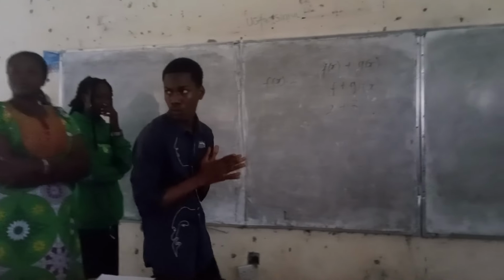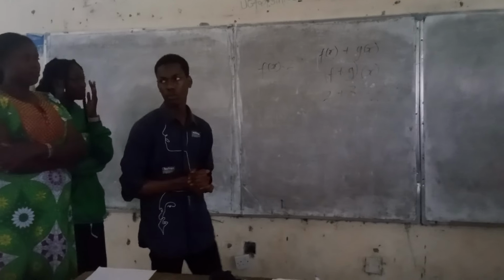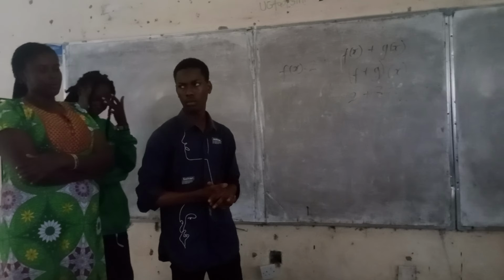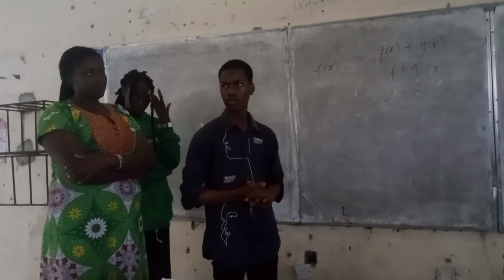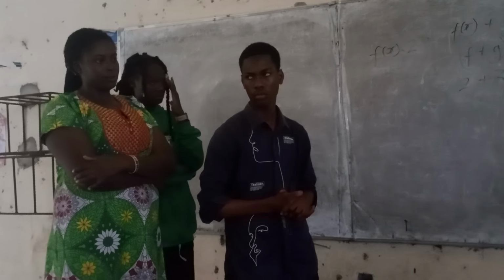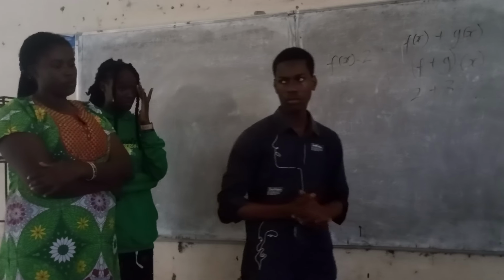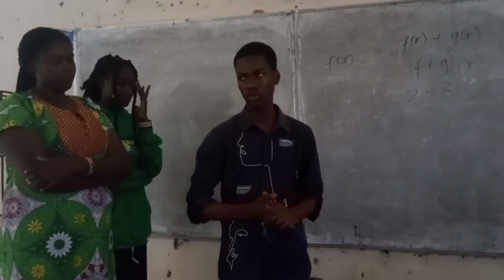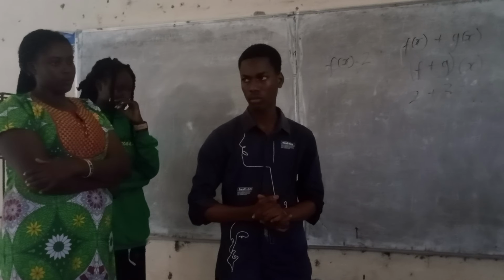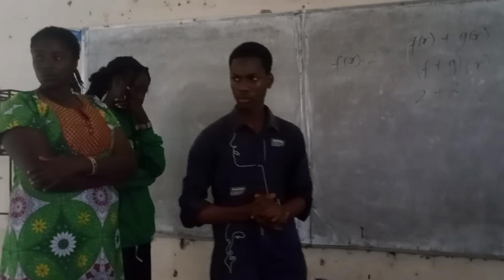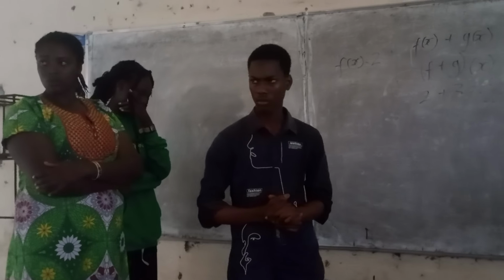If you are given terms, assuming you have four functions, f, g, h, and maybe b, all of x. Now you are given expressions, and you are asked to carry out either addition or subtraction. What do you do? So we get our value.